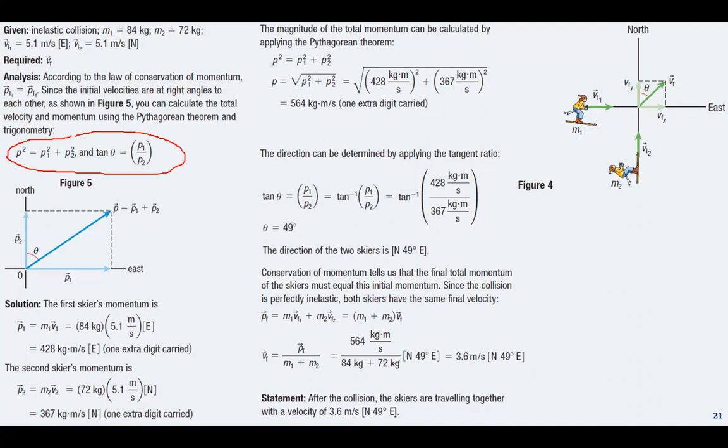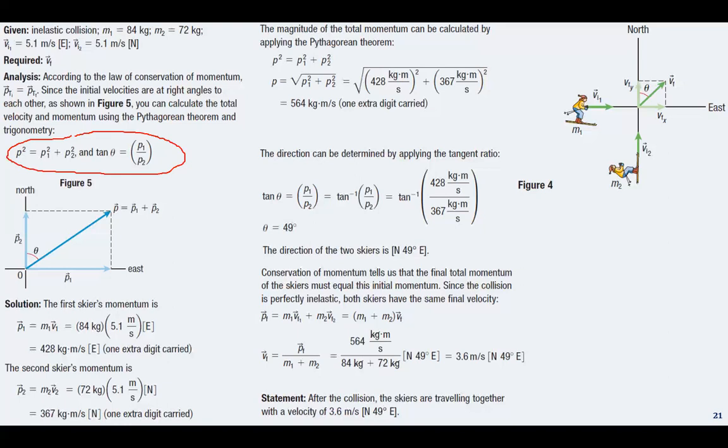So the first skier's momentum is given by P1 equals m1 v1, which is 84 kilograms times 5.1 meters per second. Direction is east. So that's 428 kilogram meters per second. Direction is east.